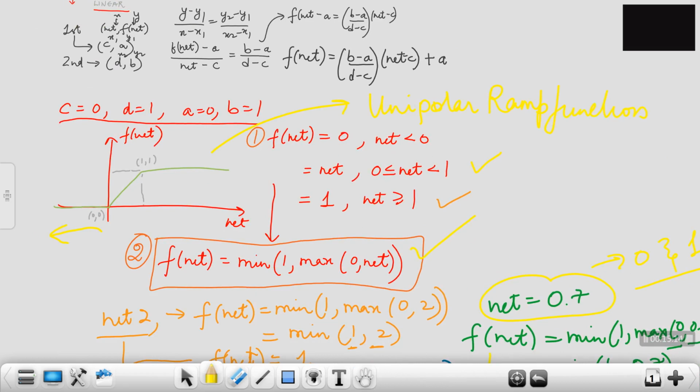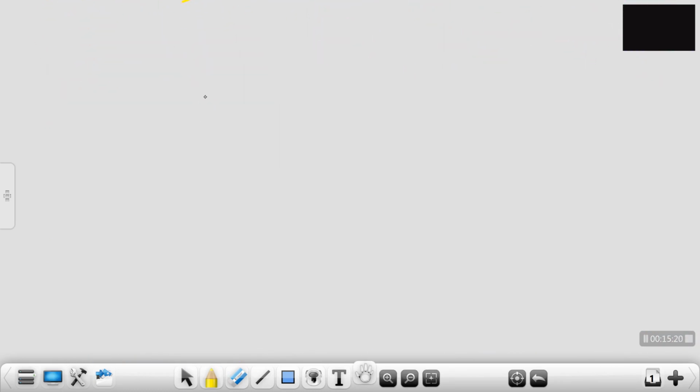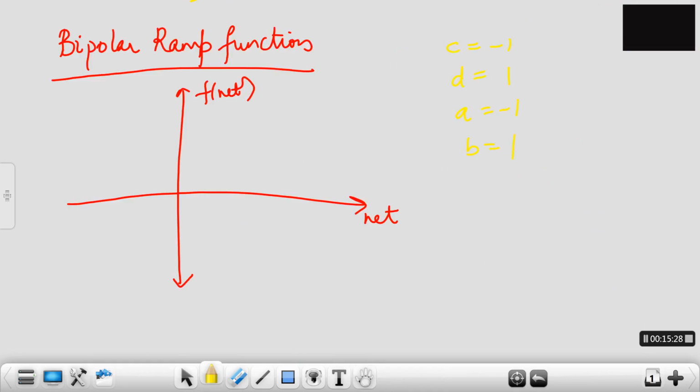Similarly, we can have a bipolar ramp function. In case of bipolar ramp function, the 2 points of interest are 1, 1 and -1, -1. In the previous case, it was 0 and 1, so it was only in one direction. Now it is a bipolar ramp.